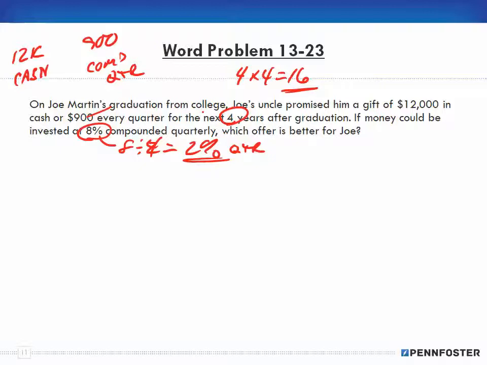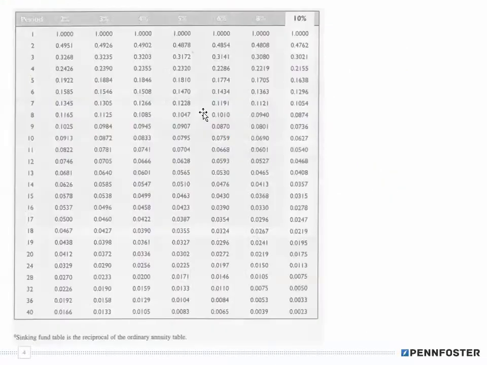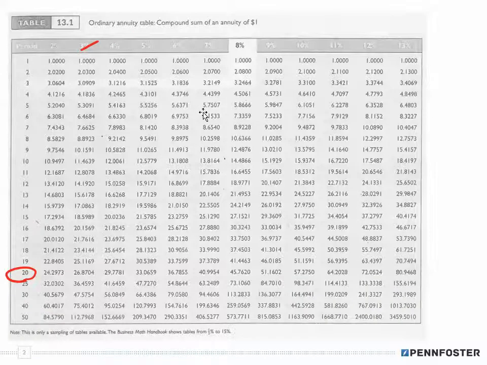Now, you can go about doing this one of two different ways. We could look at it from the perspective of, how much is it as an ordinary annuity? So I jump up to the table, look at 2% for 16 periods, and that gives me a factor of 18.6392.